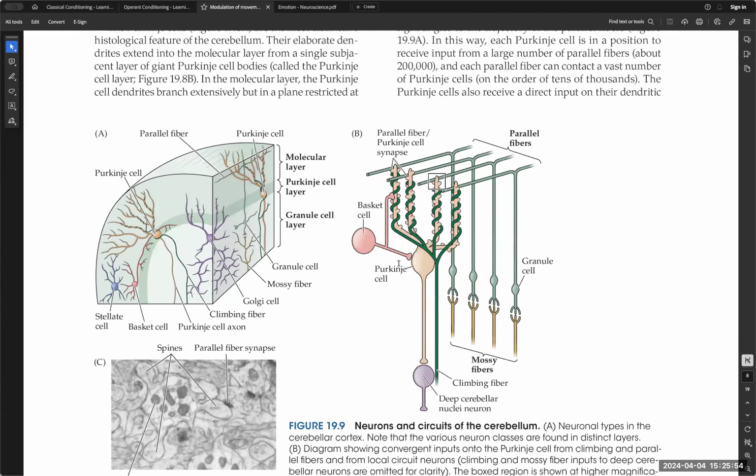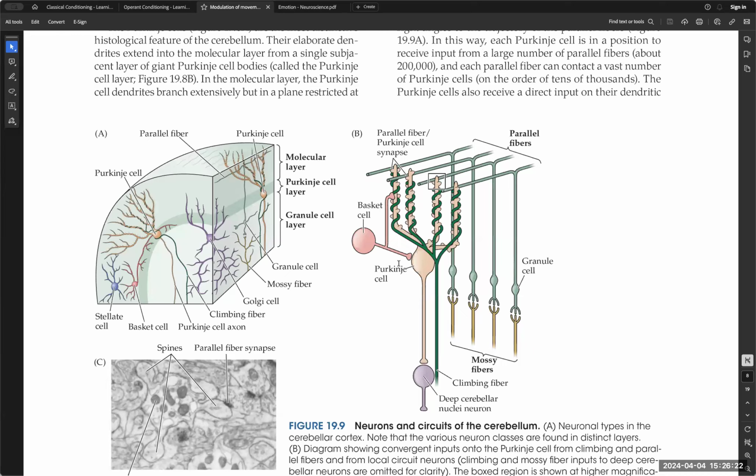In return, these granule cells form these extensive, let me not call them climbing actually, perpendicular axons that also form these T-shaped collaterals. And actually imagine, almost every granule cell can synapse to up to 200,000 Purkinje cells.